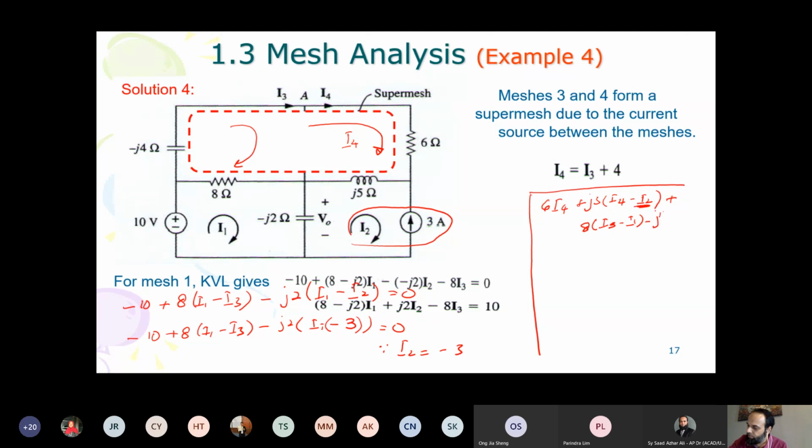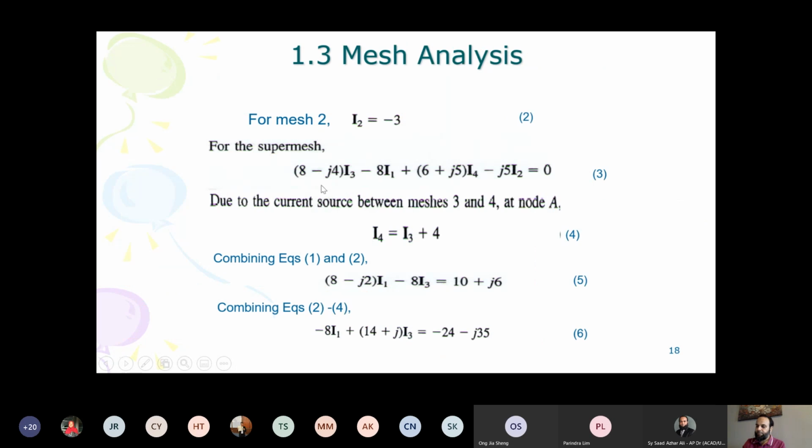Minus j4 I3 equal to 0, which is written in a very clean, very nice form here, right? We already know that I4 equals I3 plus 4, so we can replace I2 with minus 3, and I4 in terms of I3 plus 4, so we get this simplified equation.